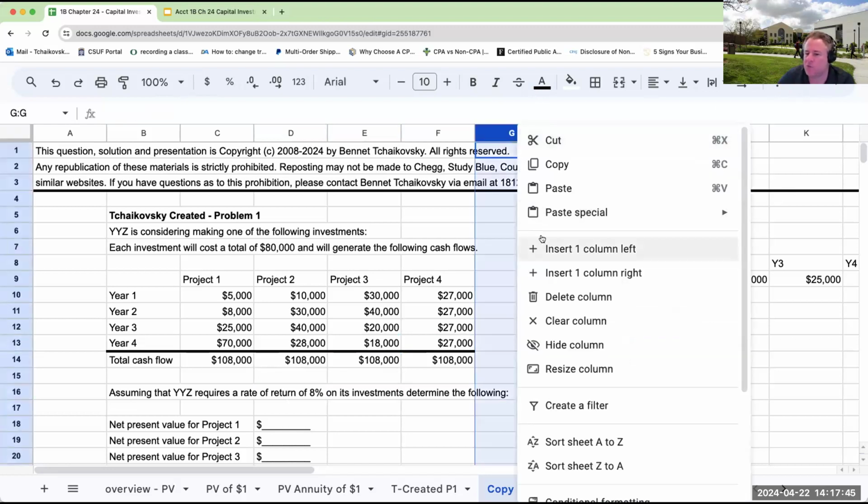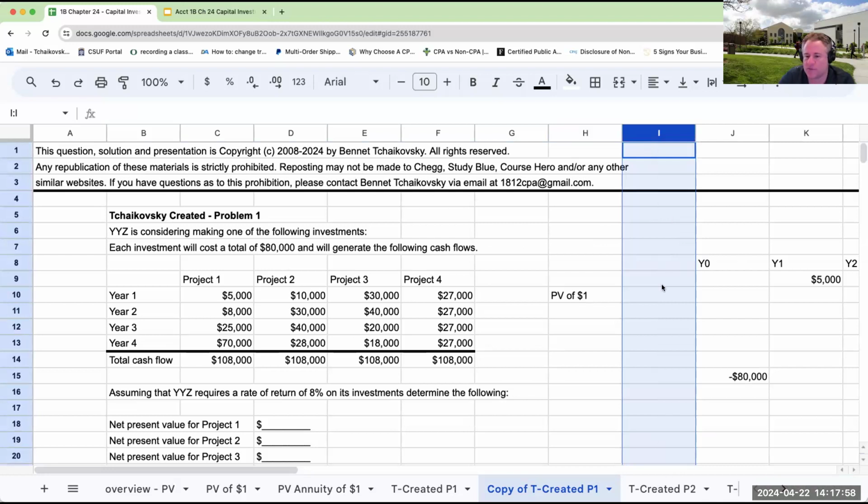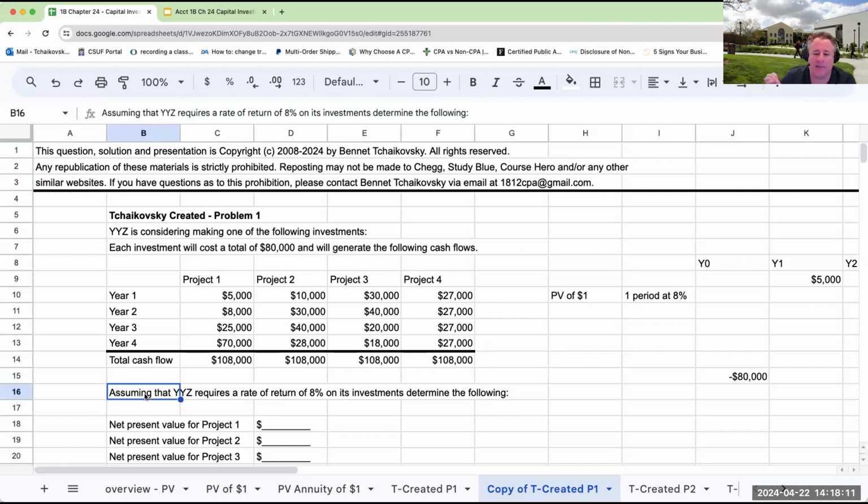So for year one, I'm going to use the present value of a dollar table. And I'm going to do this for all these questions. This is basically going to be one period, or when it's being paid away from me, at 8%, which is the market rate of interest. In this case, I'm requiring an 8% rate of return on my investment.